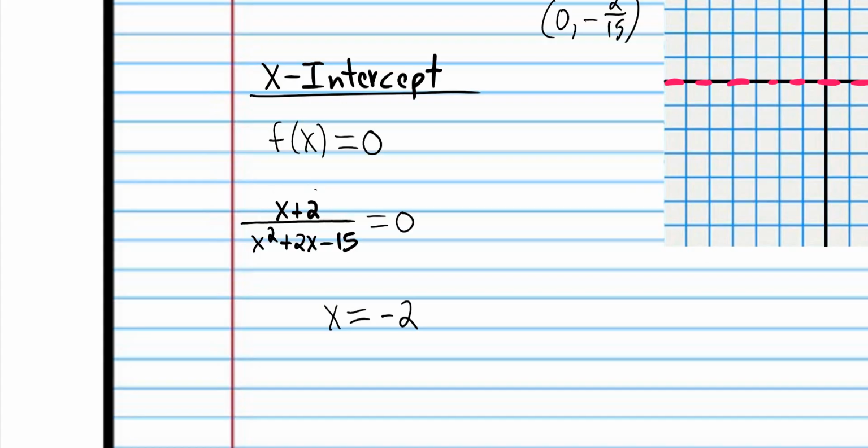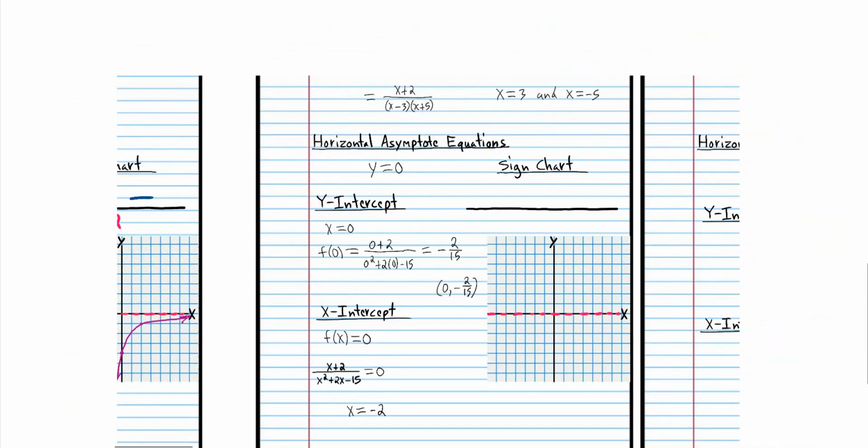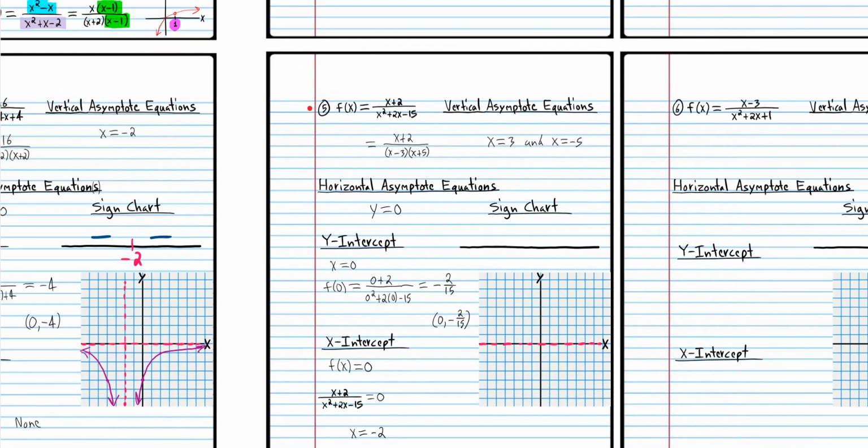Now, if the numerator and the denominator are 0 at the same time, that does not make the function equal to 0. That makes it undefined. But we know that there are no common factors in the denominator. In fact, we should probably just go ahead and write that expression so we can see and confirm that there are no common factors, because that would be a totally different situation.